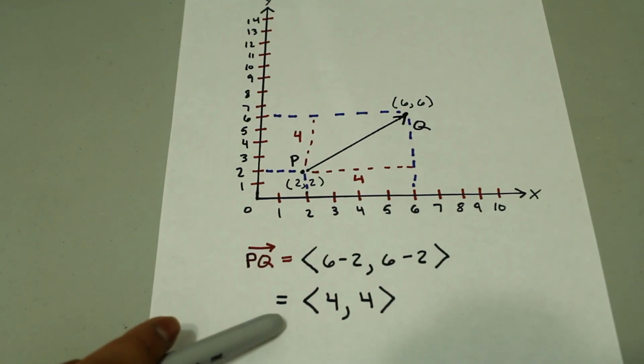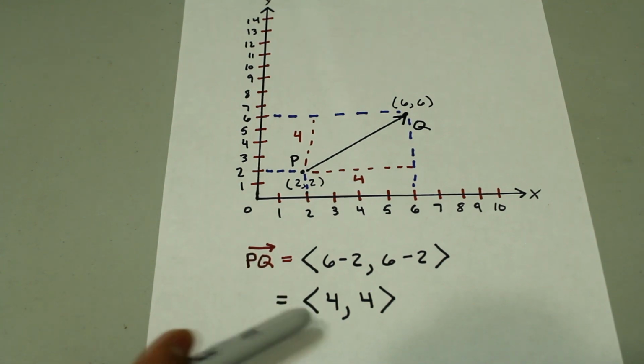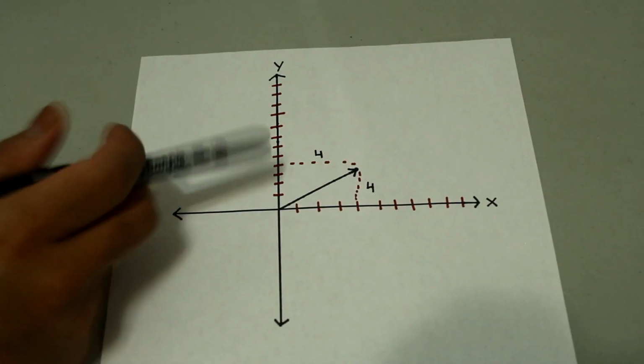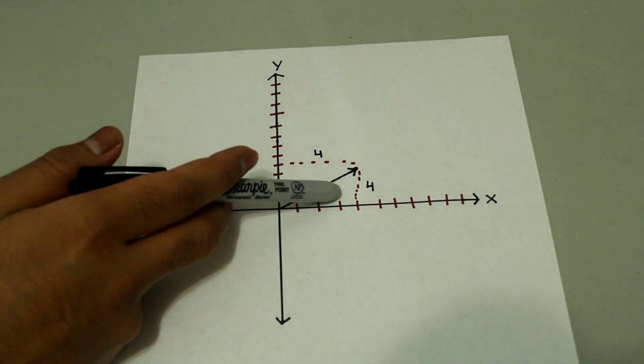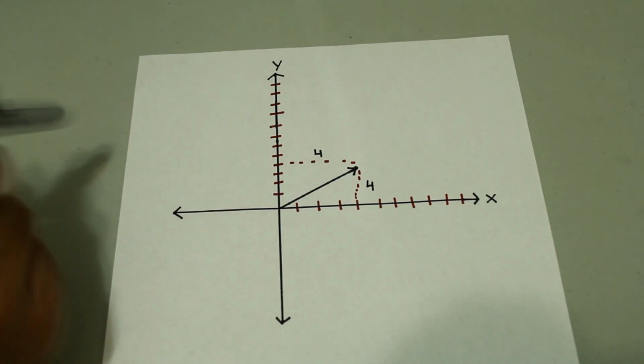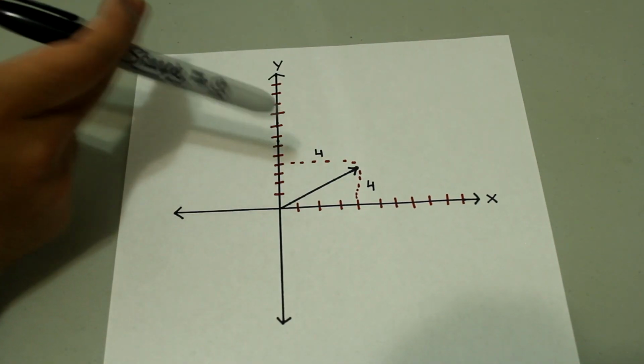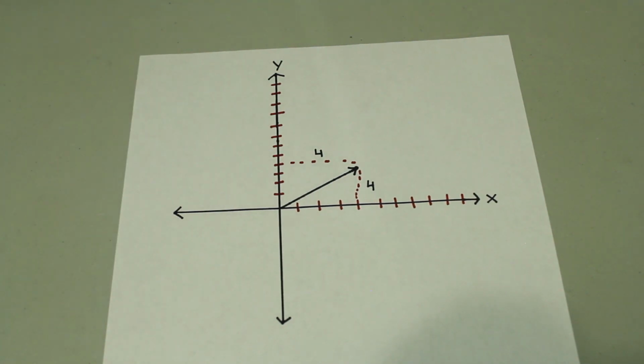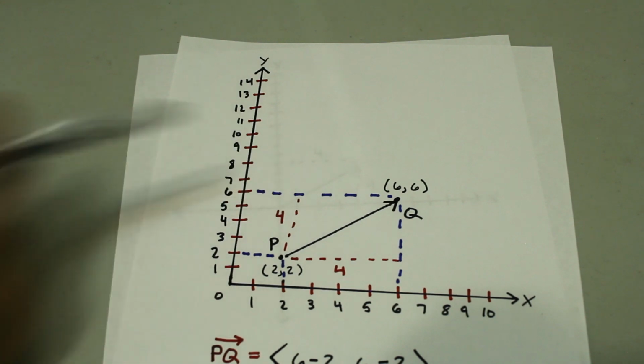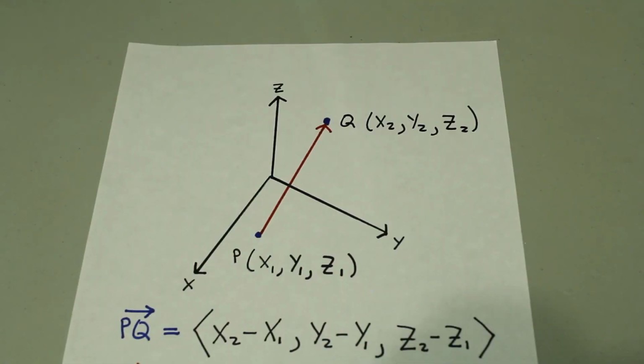So given the component form 4, 4, if we started at the origin, we go 4 units to the right and 4 units up, and we get the vector representation that is equivalent to this vector representation.